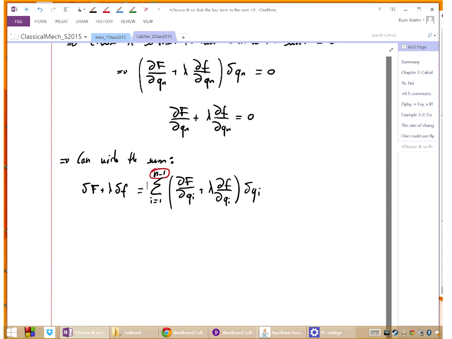So we can also think of, well, let's choose qn to be the special variable that we eliminate. So now we can vary these n minus 1 delta qi's independently.